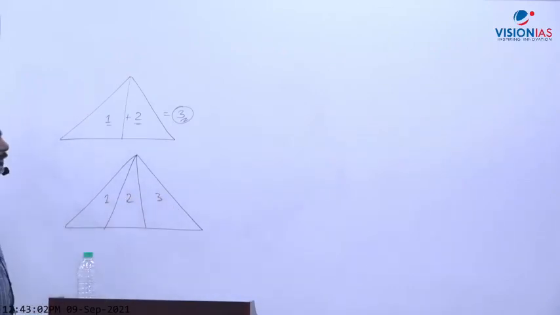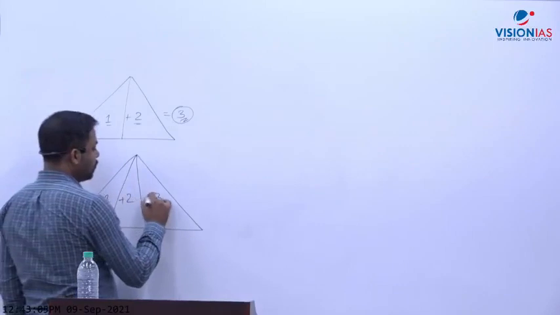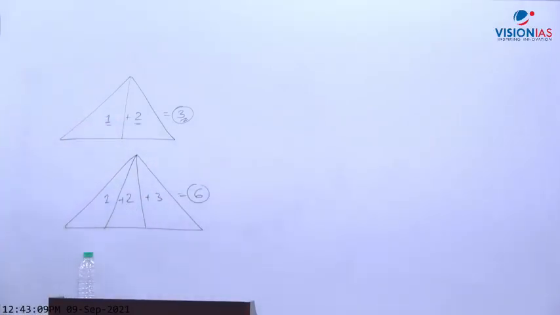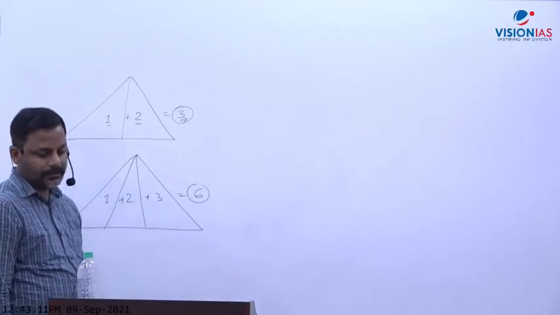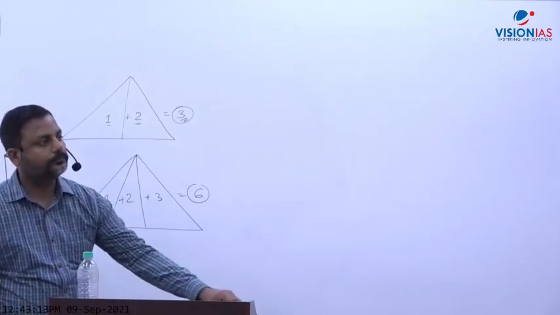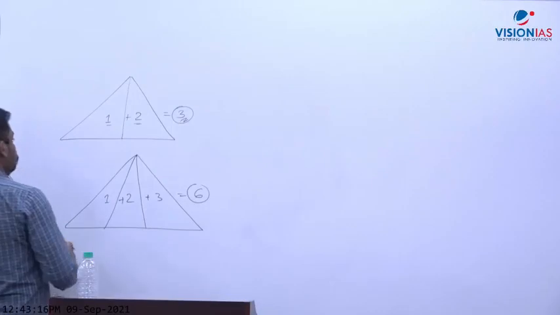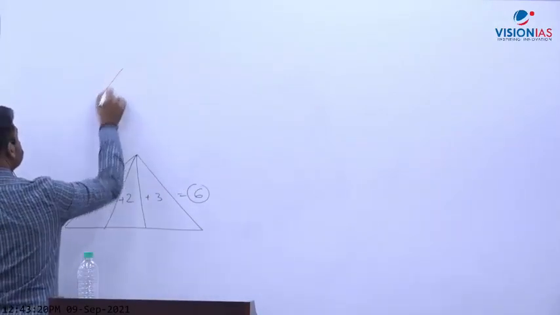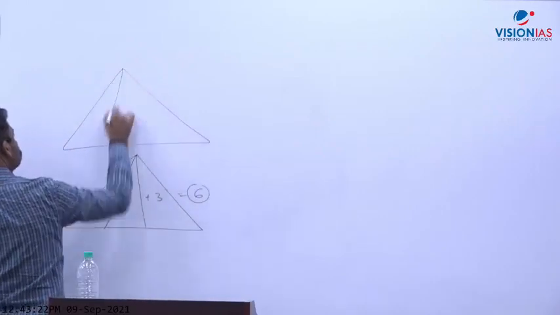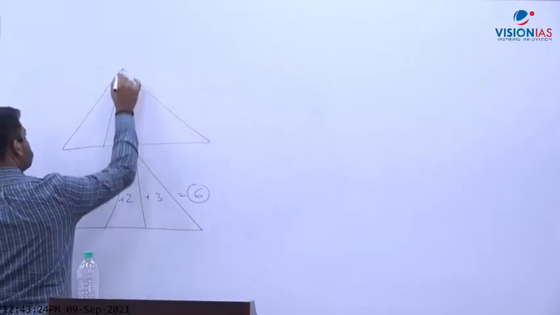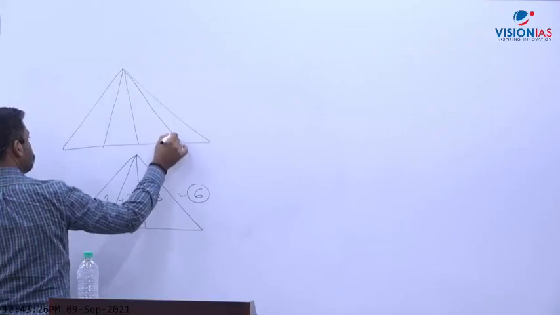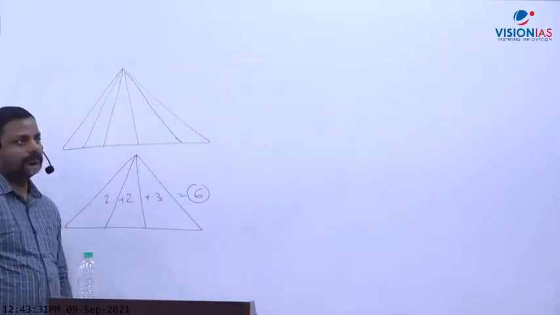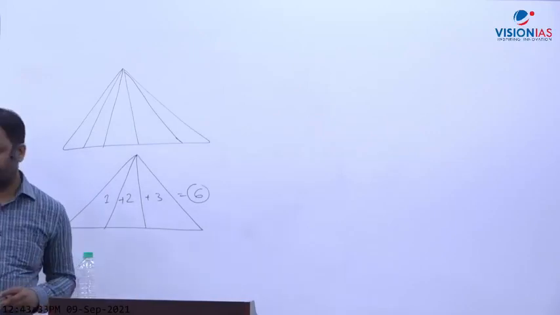Put the numbers and add them. 1 plus 2 plus 3 is 6. So the answer over here is 6. Now how many triangles are there in this figure?